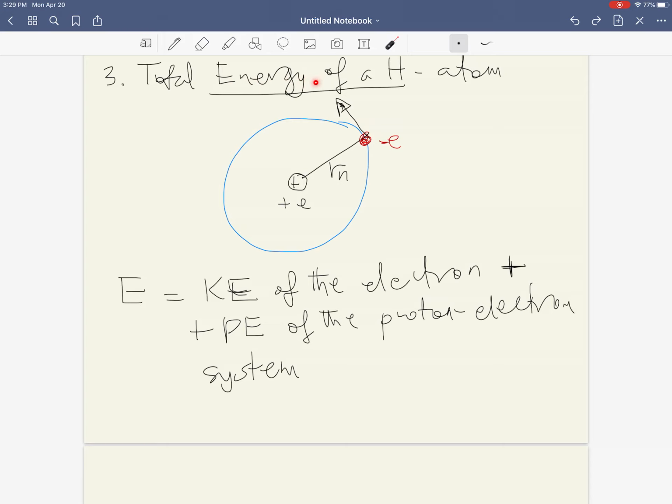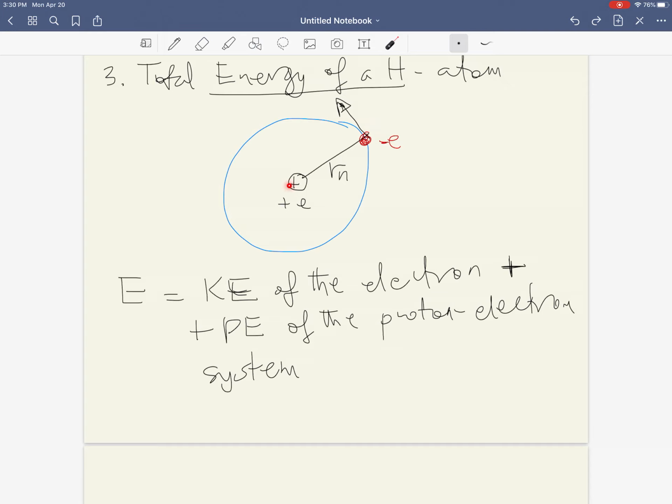So we shall now calculate the total energy of the hydrogen atom, which has a single proton in its nucleus orbited by a single electron. The total energy is given by the kinetic energy of the orbiting electron, since that's the only entity in motion and so the only one with kinetic energy, plus the potential energy of the proton-electron system.